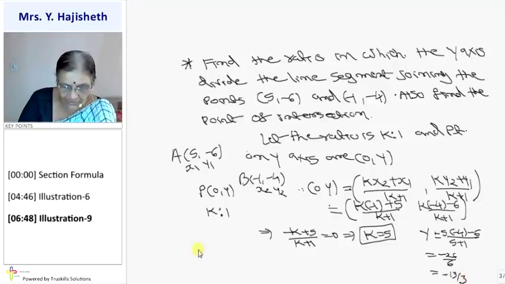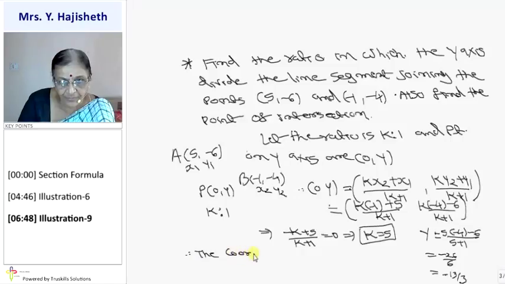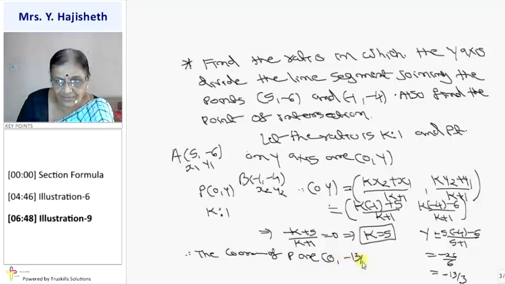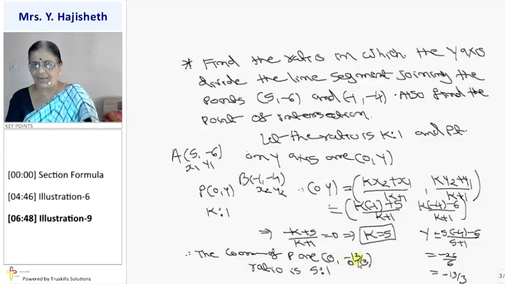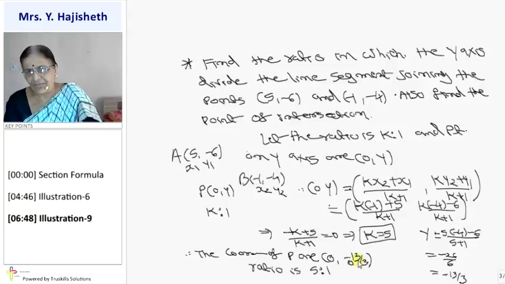So what are the coordinates of P? (0, minus 13 by 3). And what is the ratio? Ratio is 5:1. Clear? Coordinates are (0, minus 13 by 3).